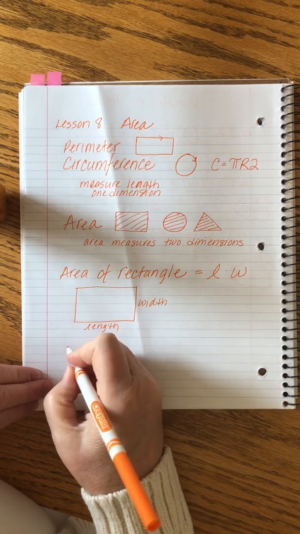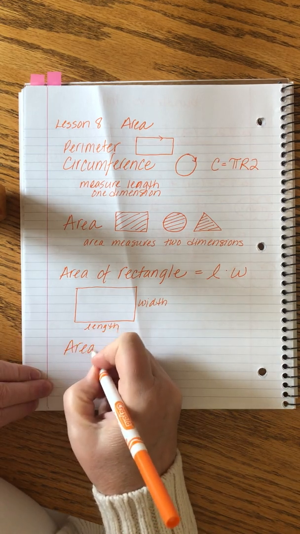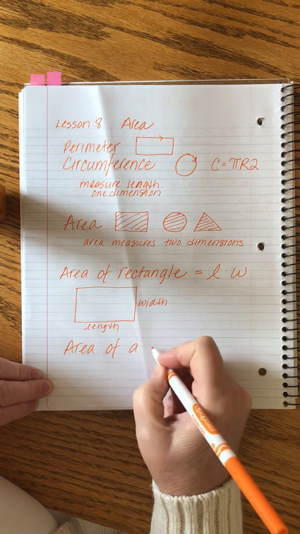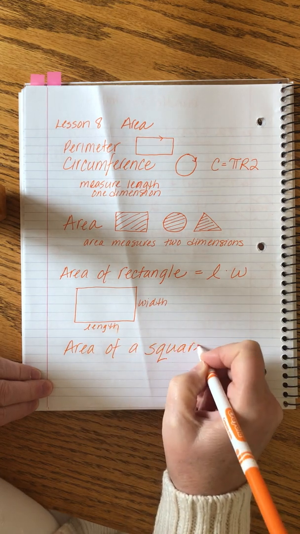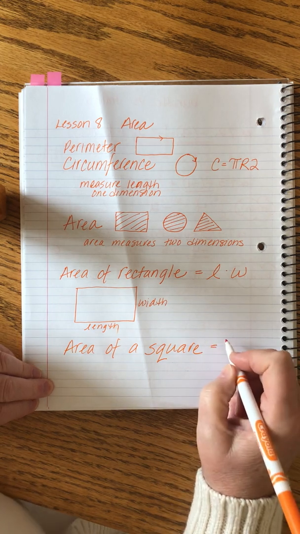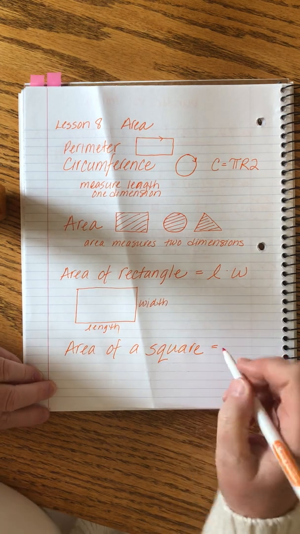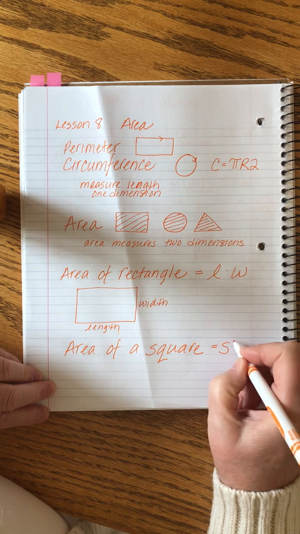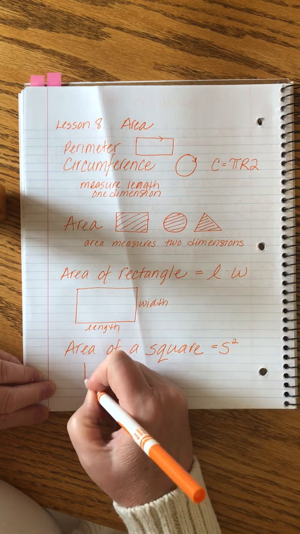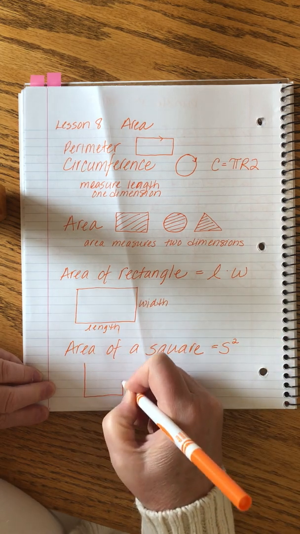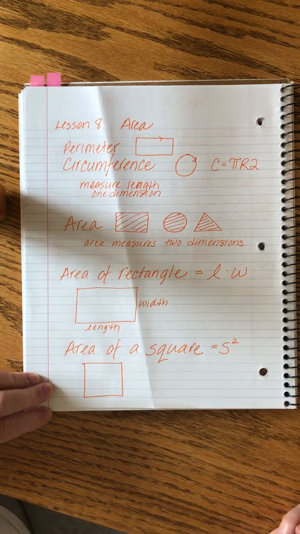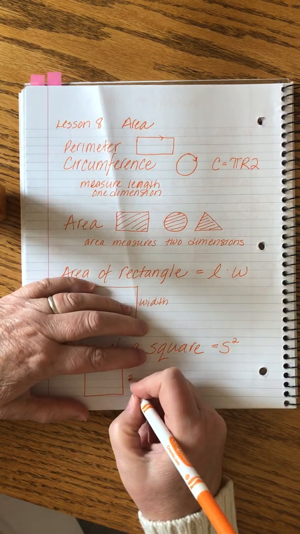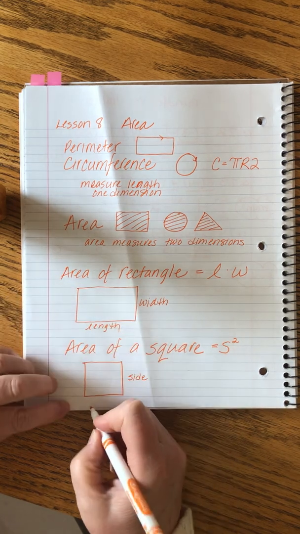When we have a perfect square, we can use a slightly different formula if we want. We don't have to. It's called the side squared, because if you think of a square, every side is the same, right? So we just call each measure the side.